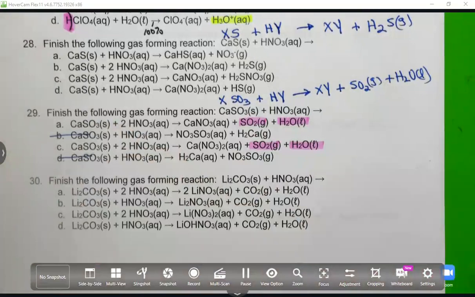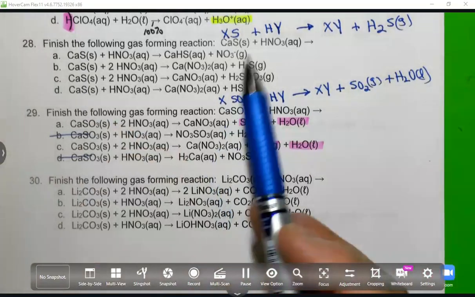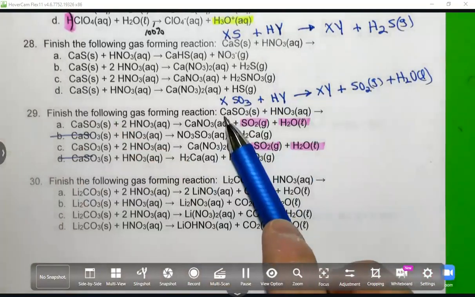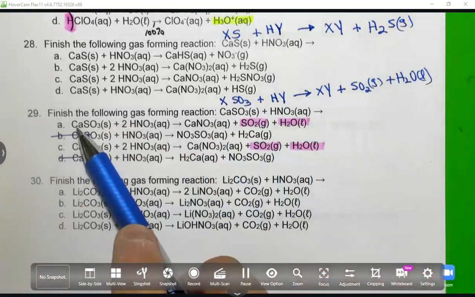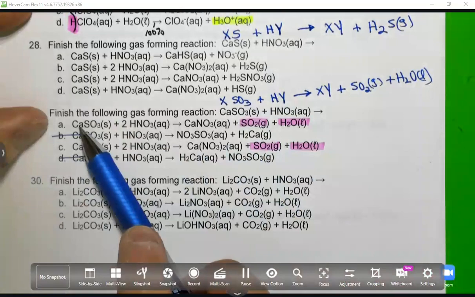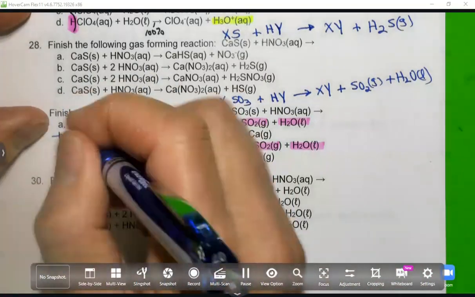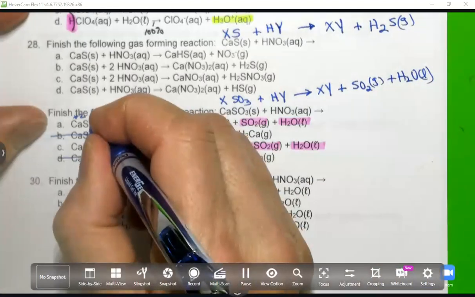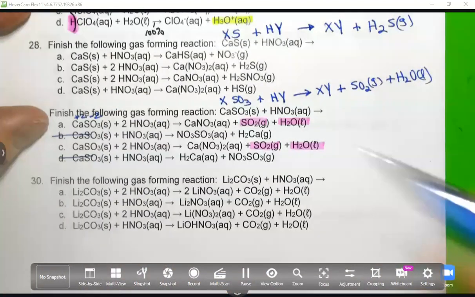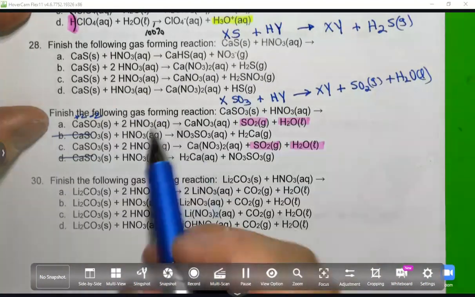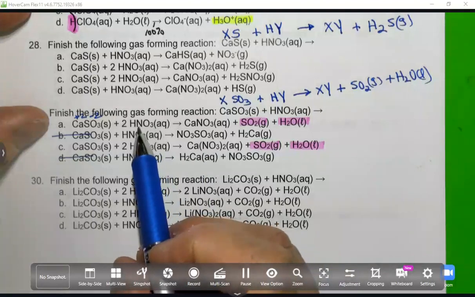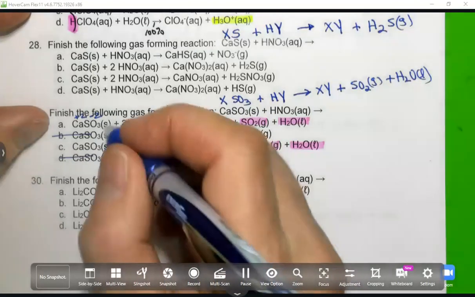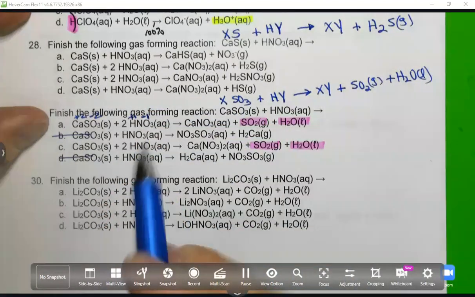Well, we've got calcium sulfite. What's the charge of calcium? Calcium's always positive 2. Sulfite minus 2. Hydrogen is positive 1 and nitrate is minus 1.